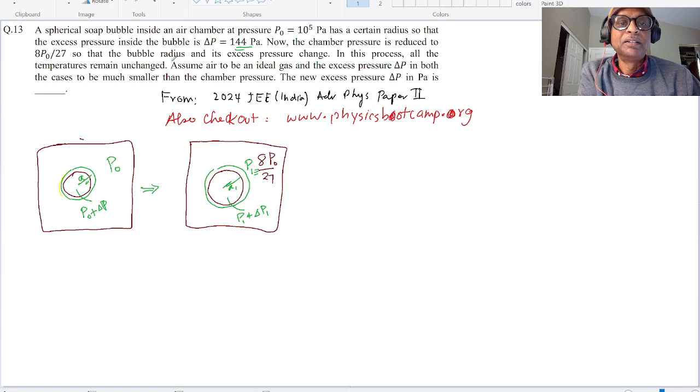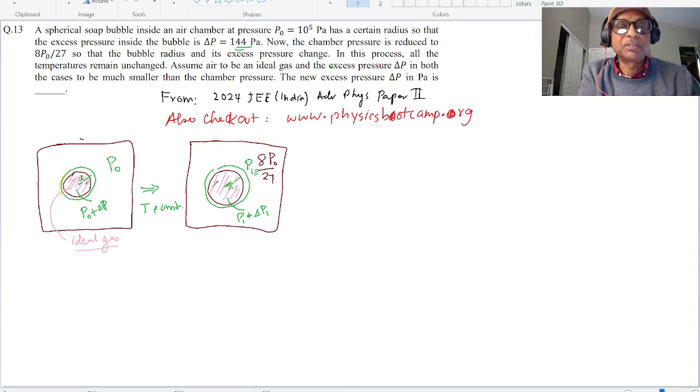Okay. In this process, from here to here, the temperature is constant. Also, the amount of gas inside here is the same, and this gas is an ideal gas.